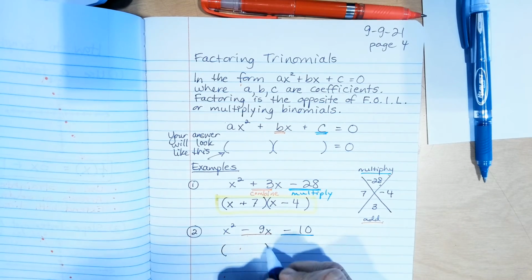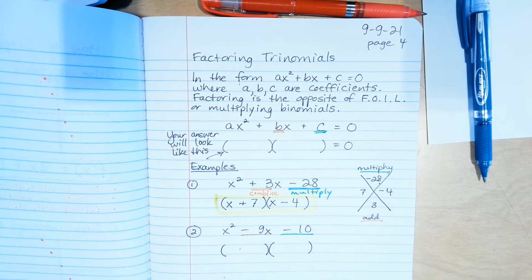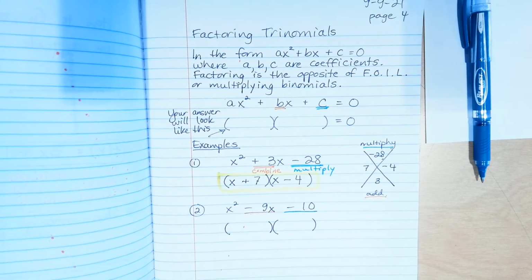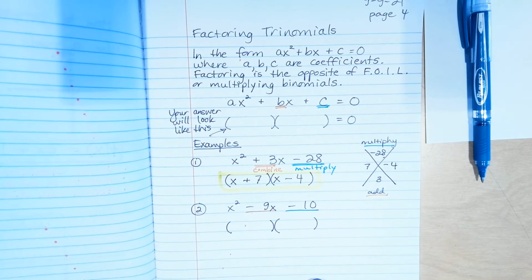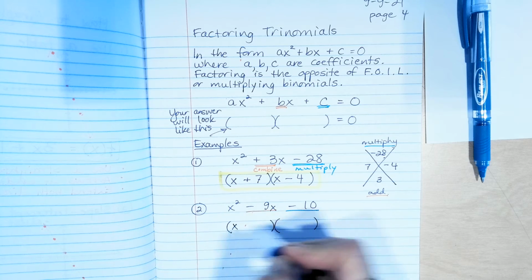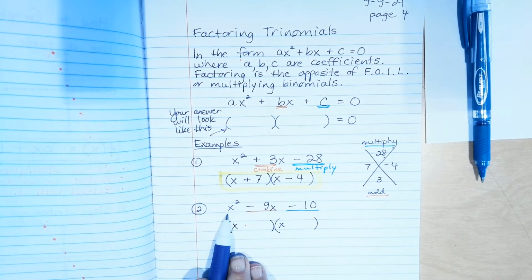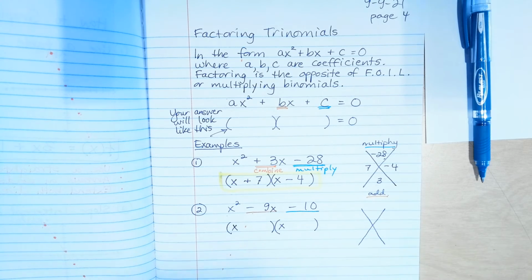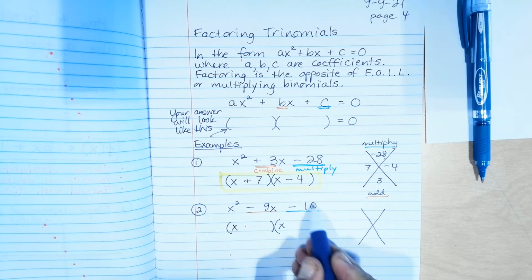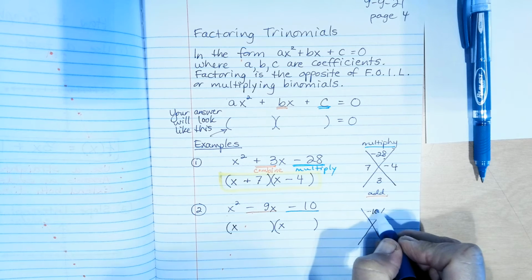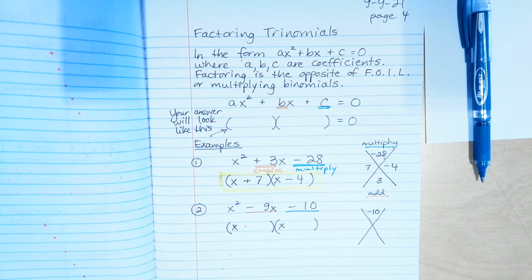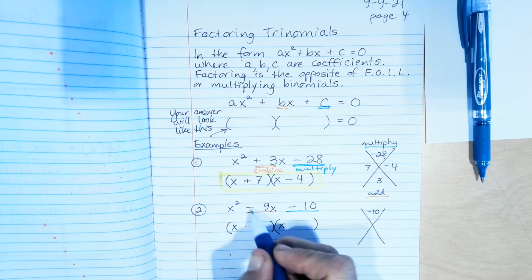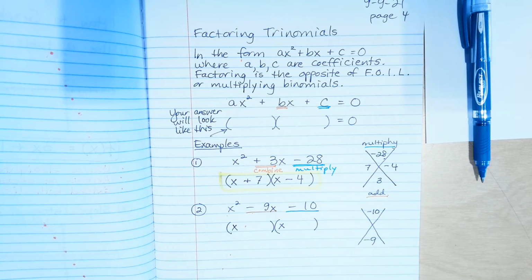So we know our answer is going to look like binomials. We can start there, right? We know it's going to be x and x because we got an x squared. So we put our x over here. This is on the top. It's like our air conditioning. And this is on the bottom, like our basement.